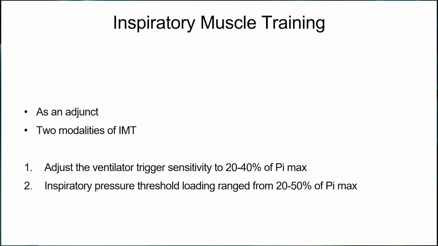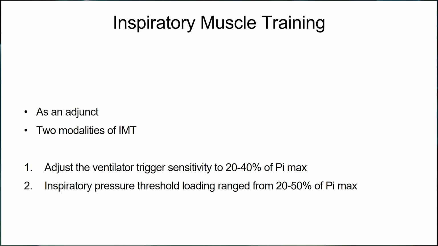If your patients don't tolerate spontaneous breathing trials and if they're failing repeatedly, then there's something called inspiratory muscle training, which is coming up, where you can try to train your respiratory muscles. Now, there have been two strategies which have been suggested. One, where you try to adjust the trigger to about 20 to 40% of the PI max, or you can keep increasing your inspiratory threshold starting with about 20 to 50% of the PI max.